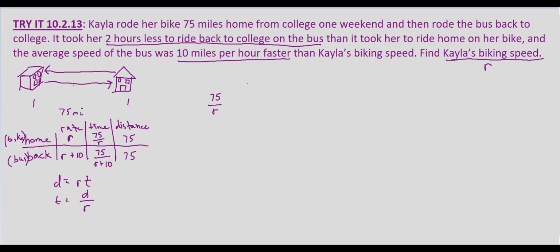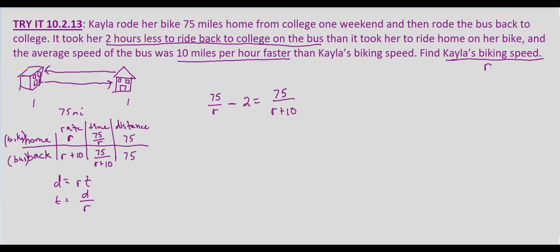I'm going to go ahead and write it with it on the left-hand side. 2 hours less to ride back to college on the bus than it took. Well, that's 2 hours more. So 75 over R, which is her speed on the bike, so the time on the bike, minus 2 hours is going to equal the time it took on the bus. So 75 over R plus 10.